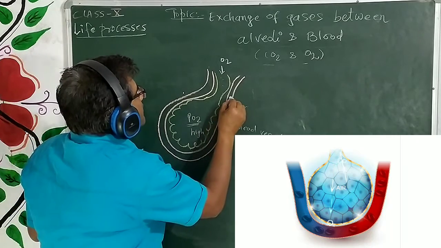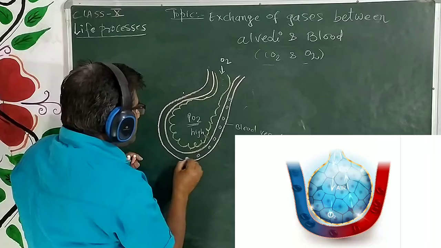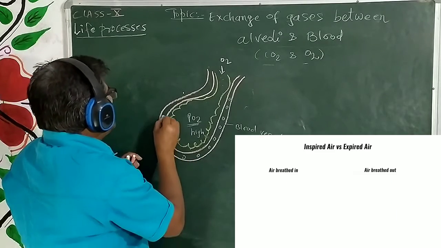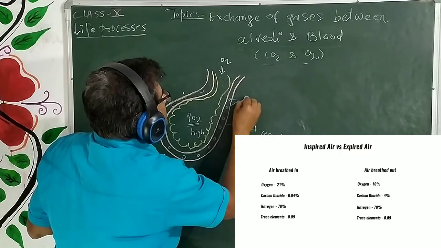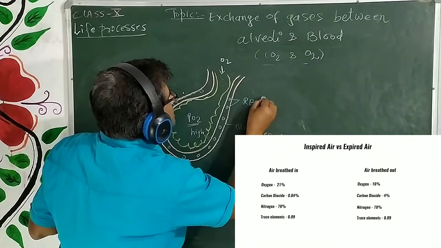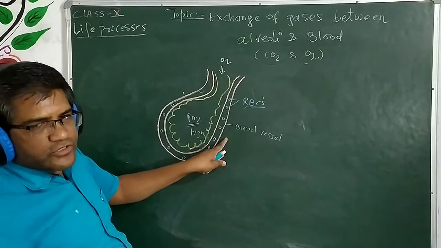In the blood vessel there are RBCs, WBCs, plasma, blood platelets and so on. RBCs are present in the blood vessels.